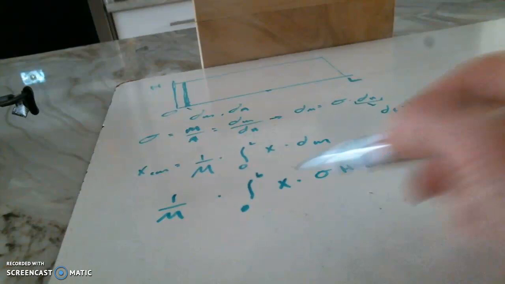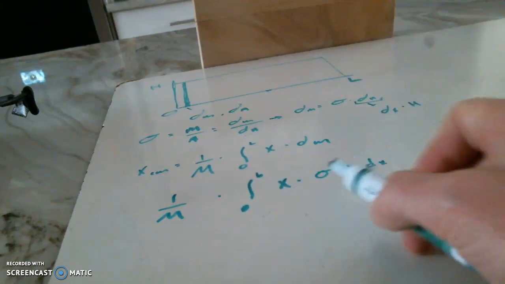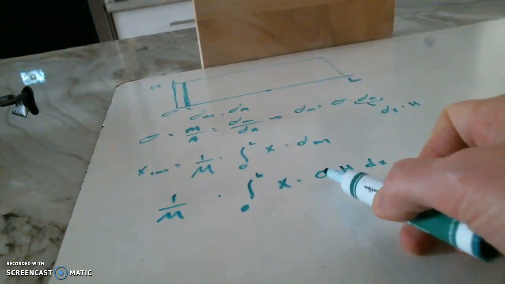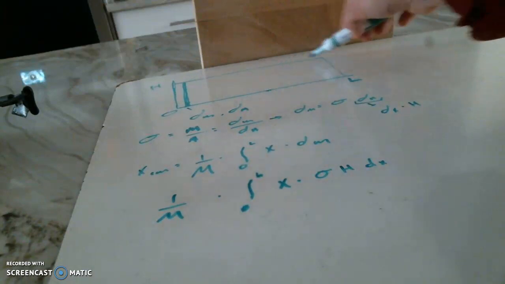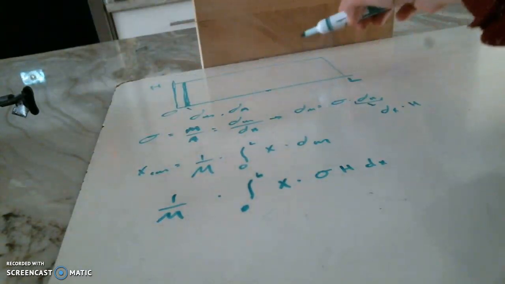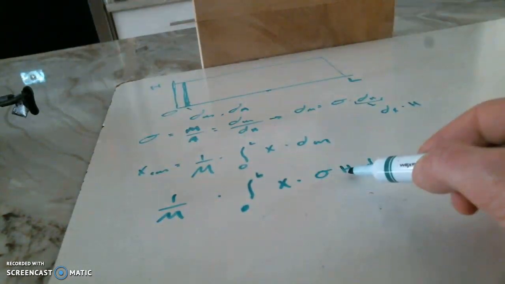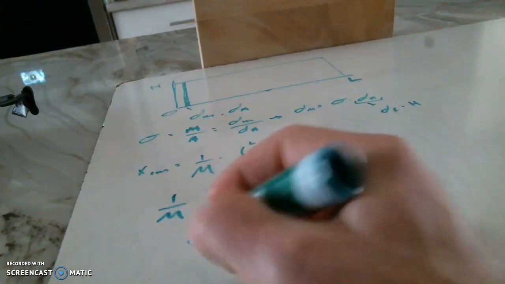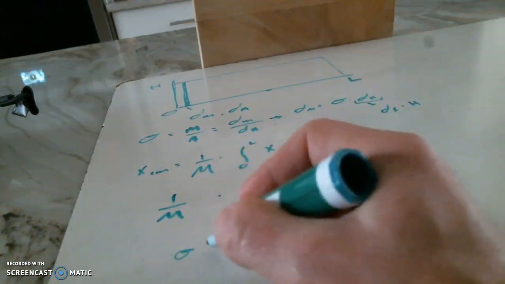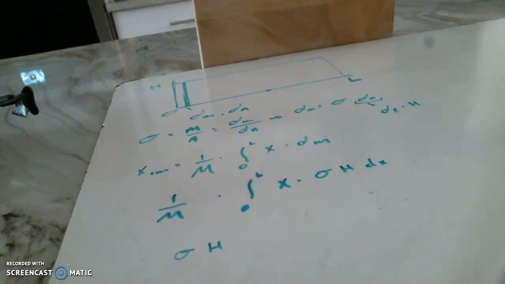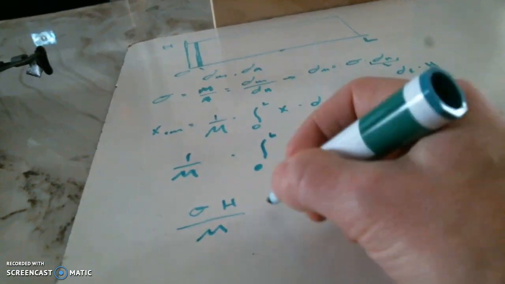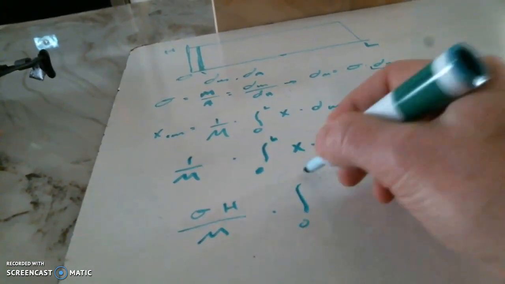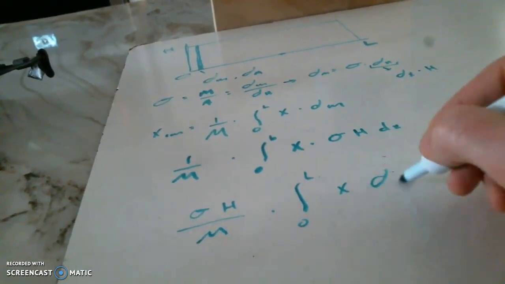Now remember, when we integrate this, constants can be fished out. The density of this object is a constant. We can fish it out of the integral. The height of that object stays constant because it's a nice flat horizontal line. So that means sigma and h can get fished out, and this integral ends up looking like sigma h over m multiplied by the integral from 0 to L of x dx.